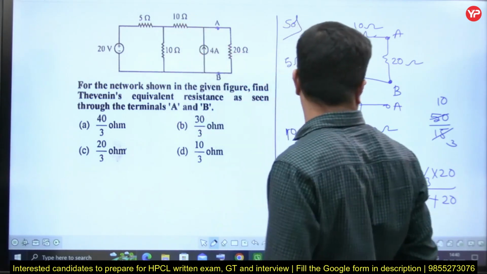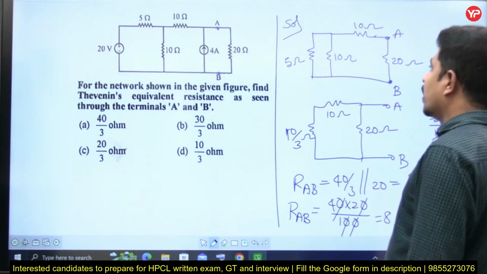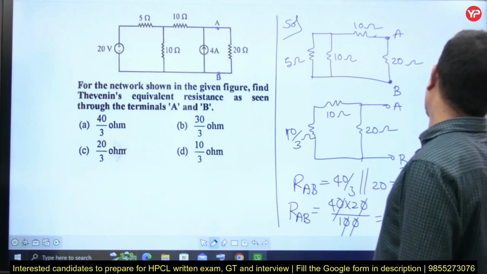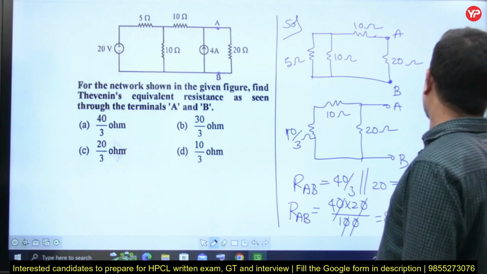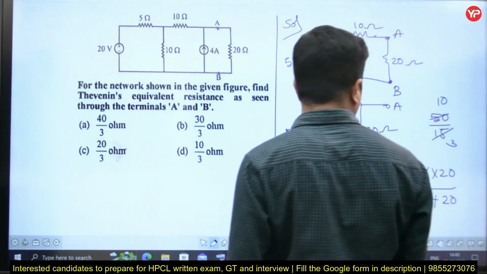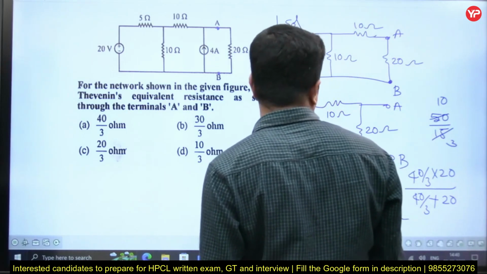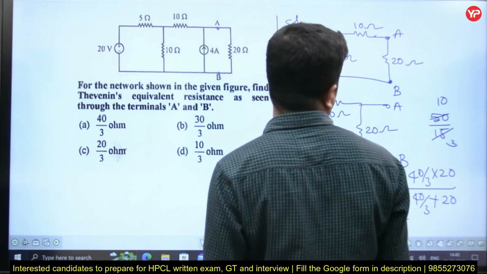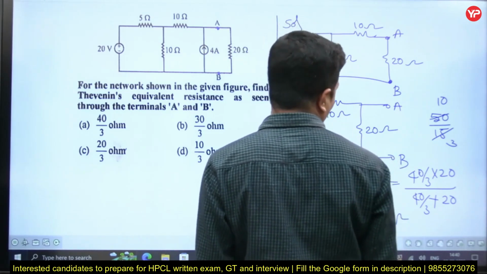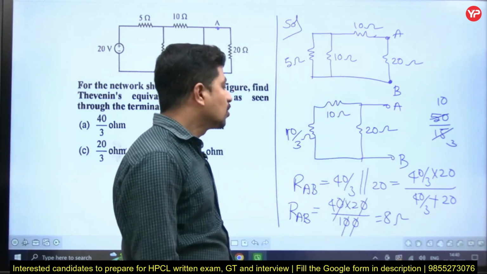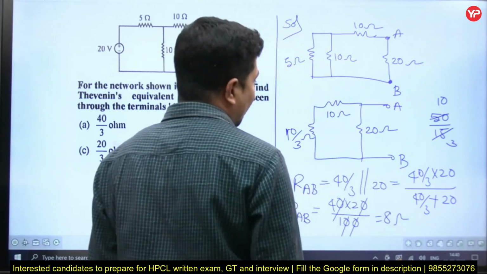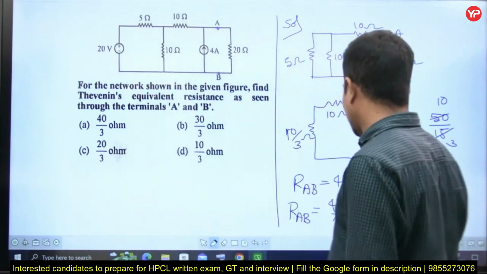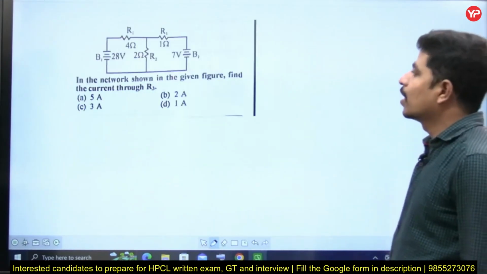So 10 by 3, 10 into 5 is 50 by 10 plus 5 is 15. 10 by 3 plus 10 is 40 by 3. 40 by 3 in parallel with 20: 40 by 3 into 20 by 40 by 3 plus 20. If you do that, you are going to get 800 by 100, yes, it is 8 ohms. Options are not matching. Okay, let's go to the next question.